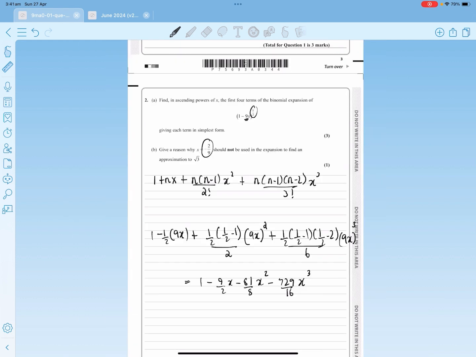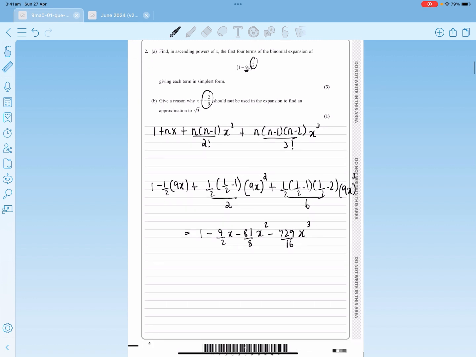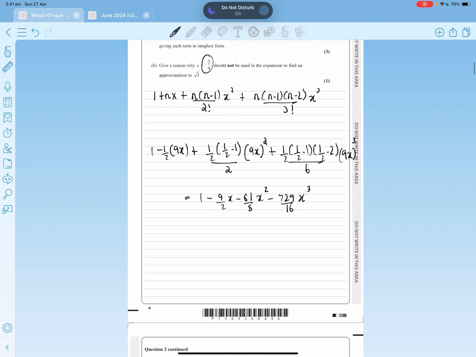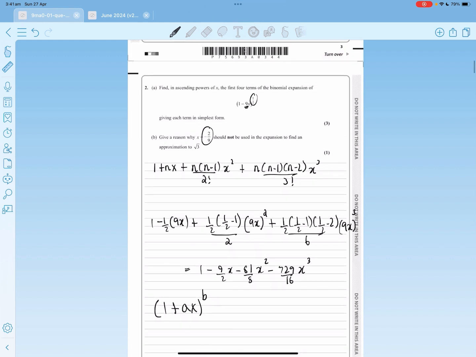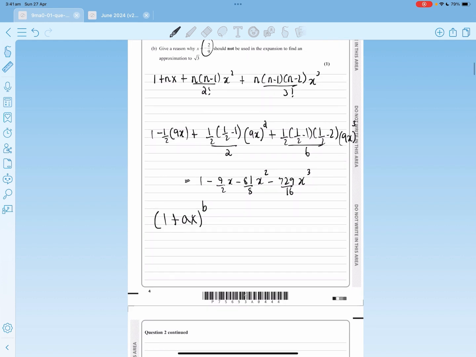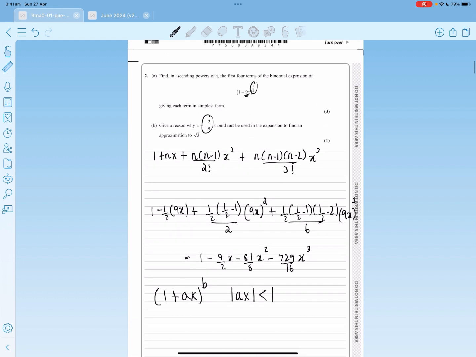Okay, for part B, it says give a reason why x is equal to minus 2 over 9 should not be used in this expansion to find an approximation to root 3. So for these types of questions, the general way is to say that if we have 1 plus ax to the power of b, then the range of validity would be the modulus of ax less than 1.